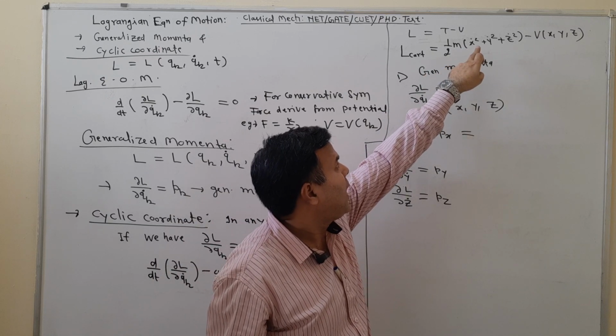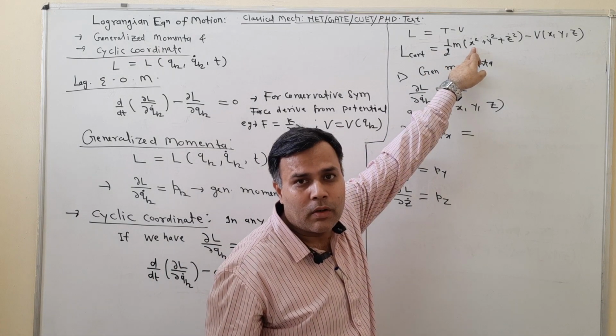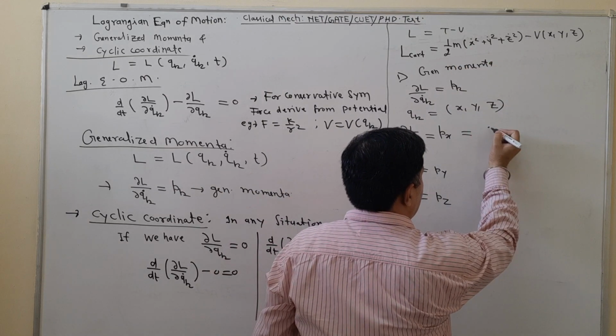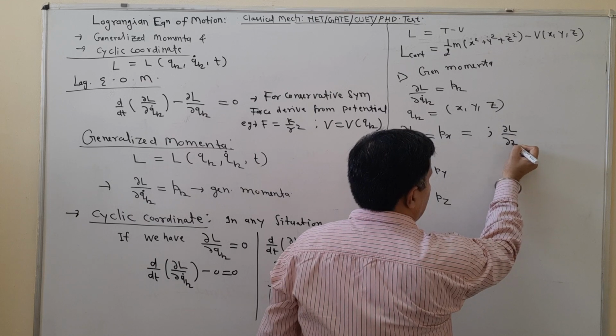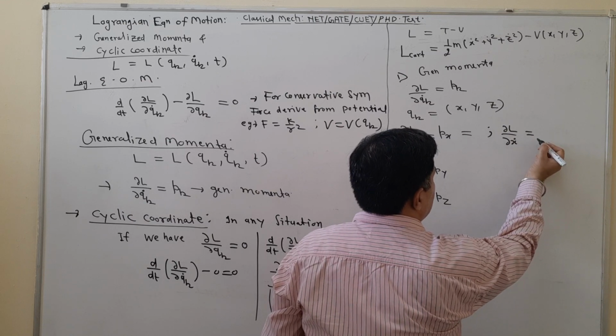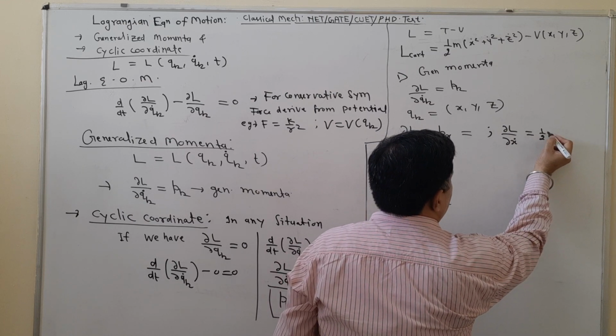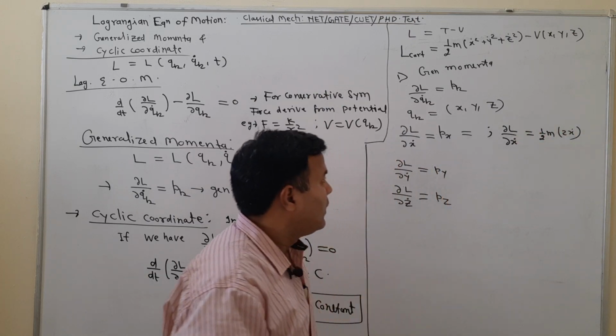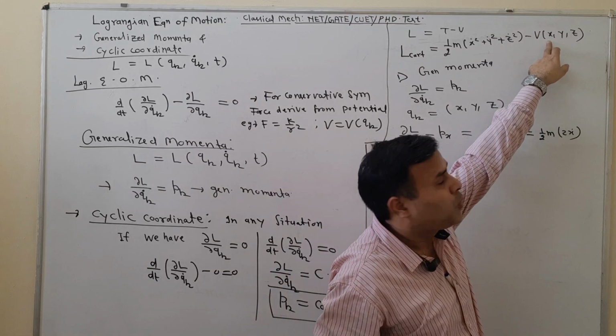Del L upon del x dot is twice of x dot. So what is our del L upon del x dot, which is 1 by 2 m twice of x dot. And what about this potential?